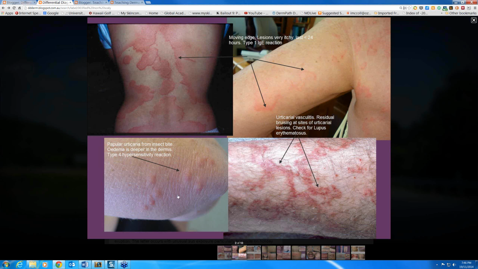There are a couple of rarer variants of urticaria, urticarial vasculitis, and papular urticaria due to bite reactions, which are slightly different. This is a type 4 reaction, and it can last more than 24 hours, but it's different from the ordinary urticaria you'll be seeing here. But you can see that they're all red non-scaly rashes.